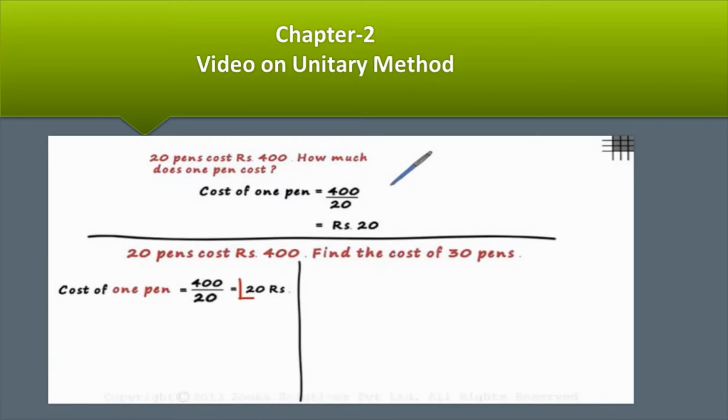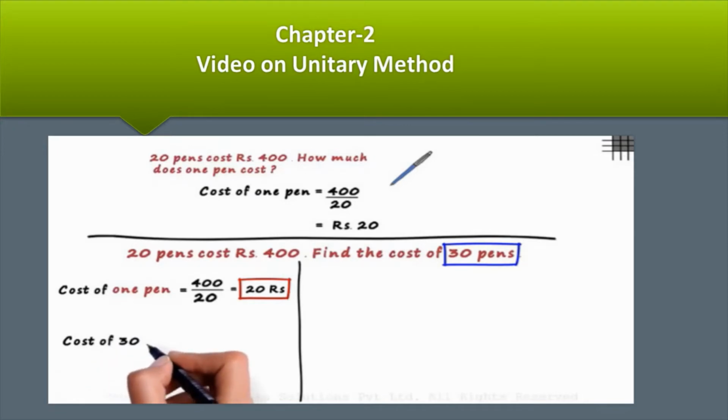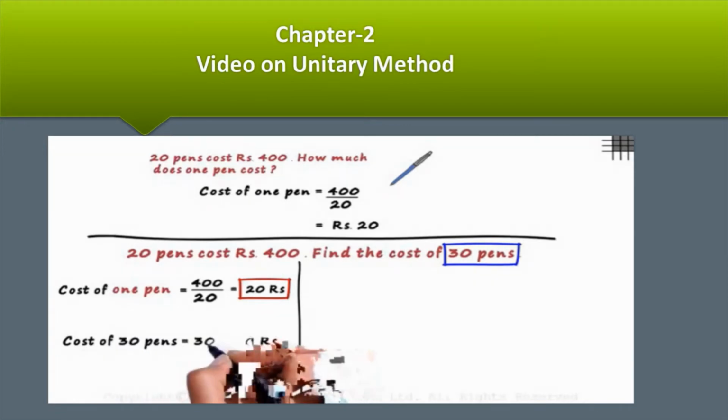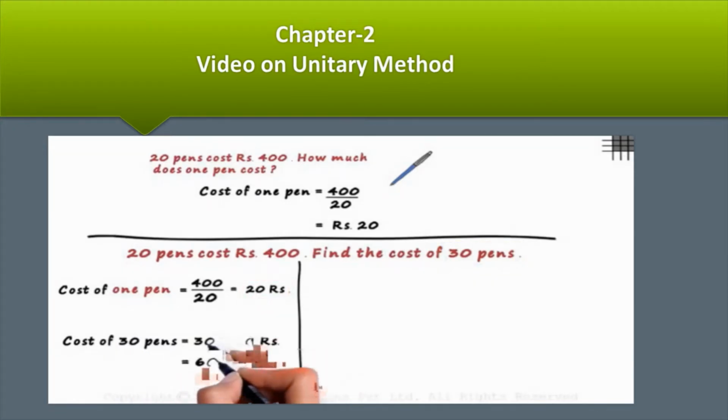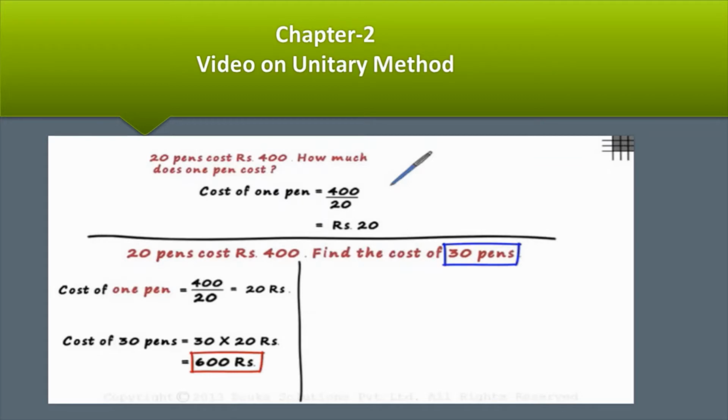You have the cost of one pen. What will be the cost of 30 pens? It's simple. It will be 30 multiplied by the cost of one pen. So the cost of 30 pens is 30 multiplied by 20 rupees, which equals 600 rupees. It was as simple as that. So 30 pens cost 600 rupees.